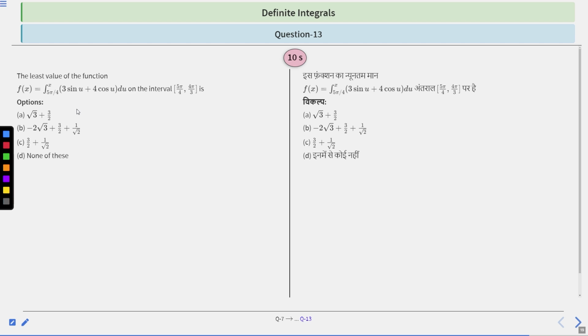If f double dash x is less than 0, then the function will have maximum value, and if it is greater than 0, then the function will have minimum value. So we can apply this method. Also, we can use some analytical approach. You have 10 seconds to think about this question, and after that we will discuss the solution.